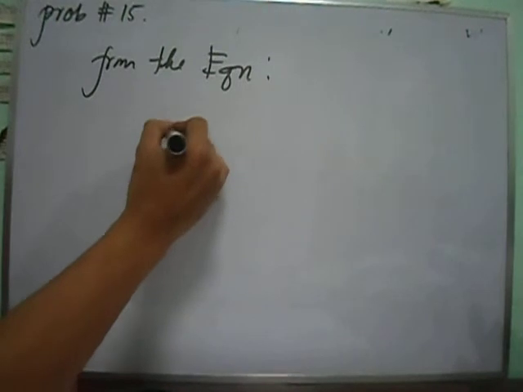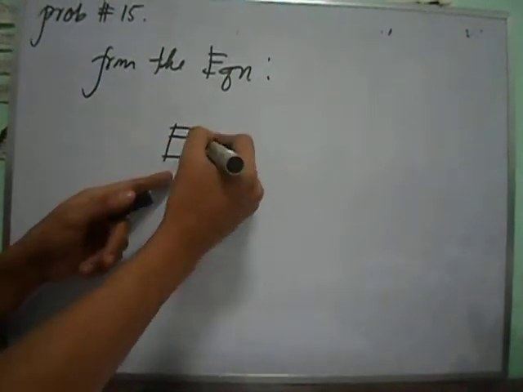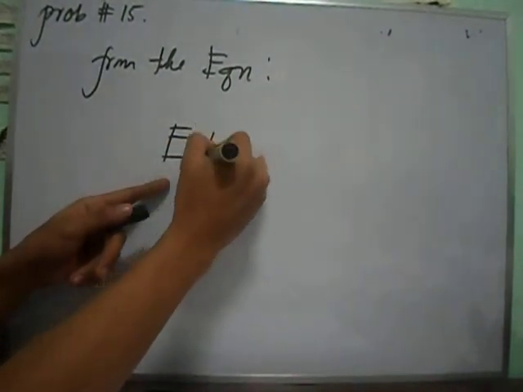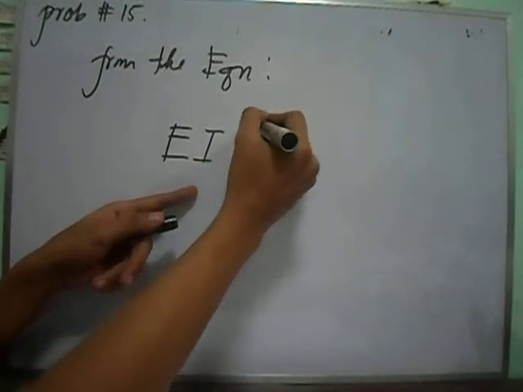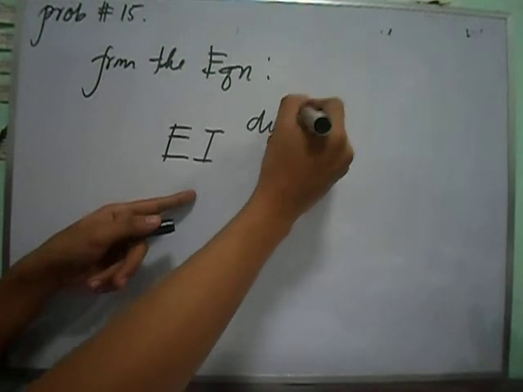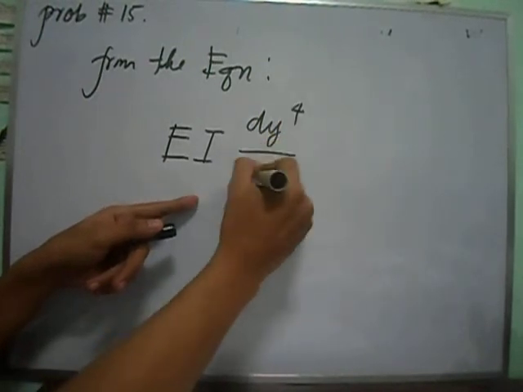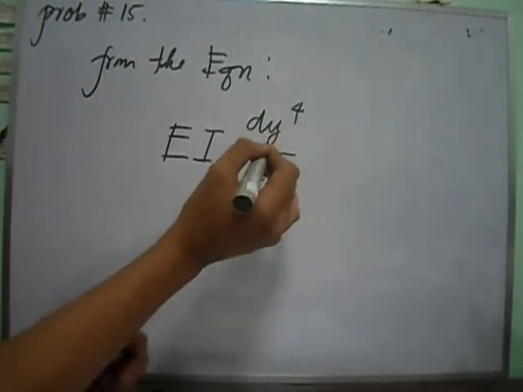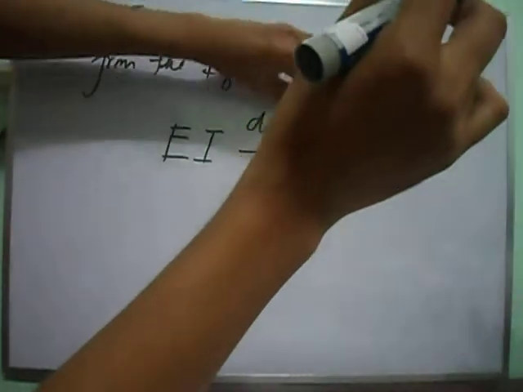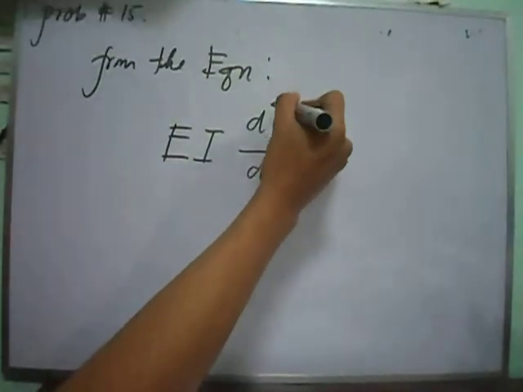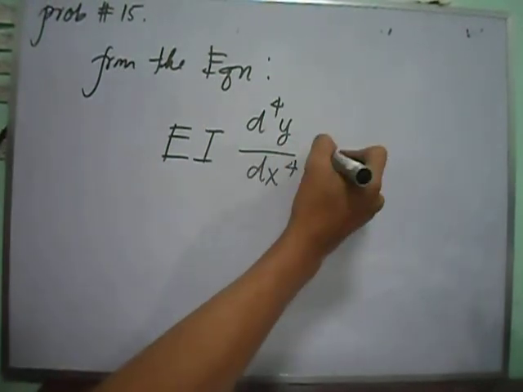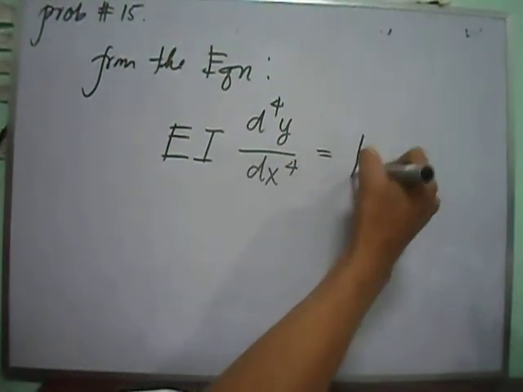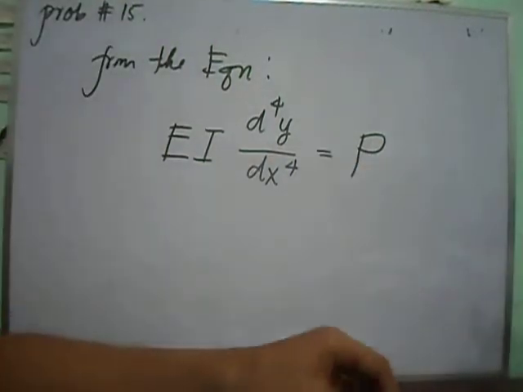We have the Young's modulus of elasticity times the moment of inertia times the fourth derivative of y with respect to x is just equal to the force it was subjected to.